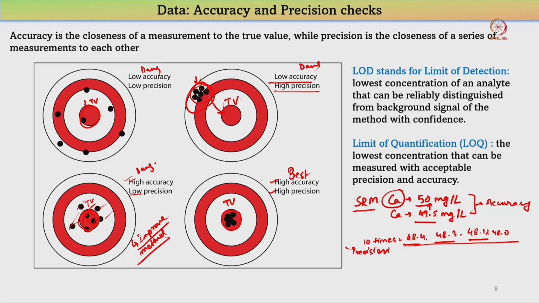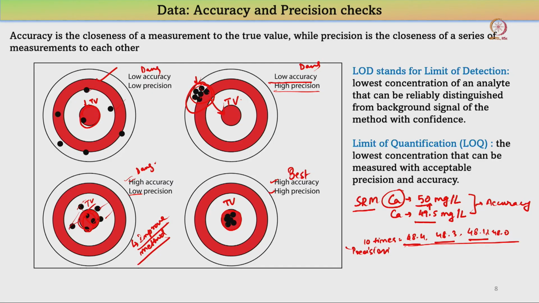And this particular scenario shows that you have to take care of a lot of things. You have to take care of the handling of the sample, the reagent preparation, and your instrumentation, because you do not know what is causing the lack of accuracy and the lack of precision.